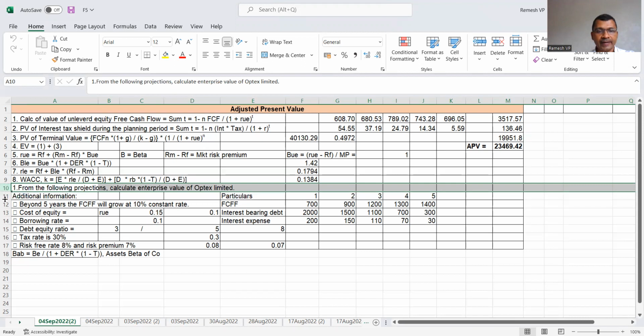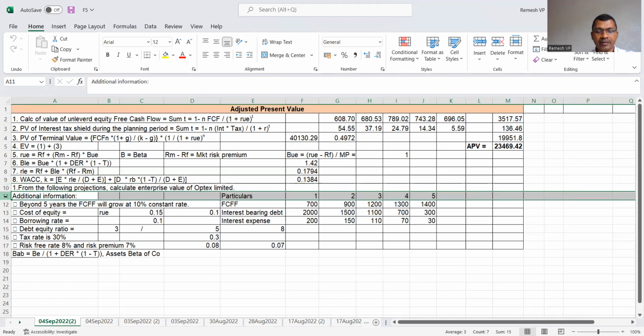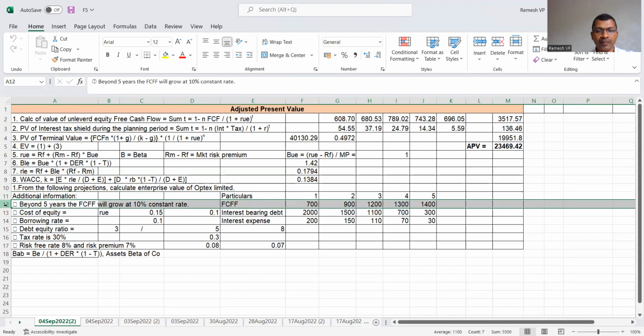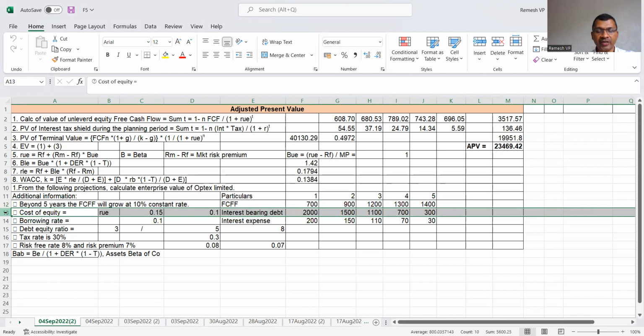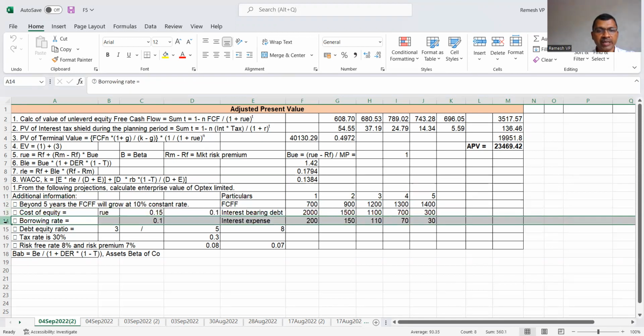as here, that is 5 years are there, future projection, free cash flow to firm over the 5 years is given, interest bearing debt amount is given, and interest expense is given.